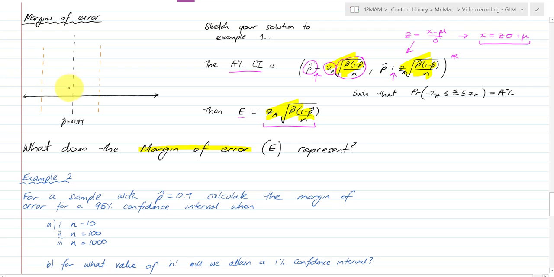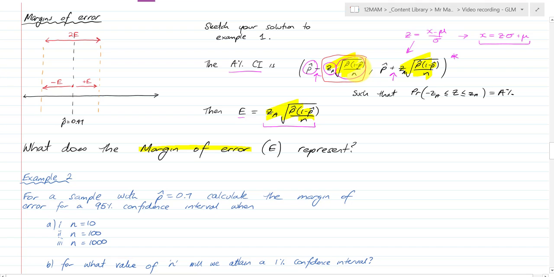It'll be some value in there. We're 95% sure of that. Because we're starting with p hat and then subtracting E and adding E, the width of our confidence interval is 2E.